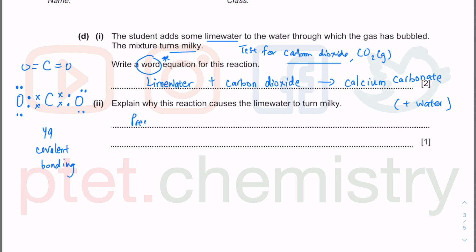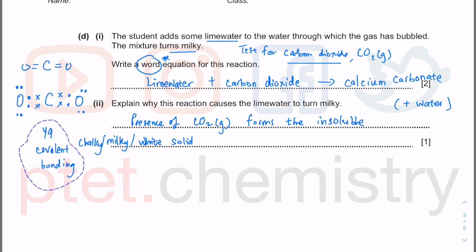So the presence of CO2 gas, meaning carbon dioxide, is present. It forms the insoluble. Insoluble means does not dissolve. So the insoluble white solid, or you can say milky solid, or you can say chalky solid. So they all refer to the same thing. Basically, a white solid, a chalky solid, or a milky solid that is insoluble in water.